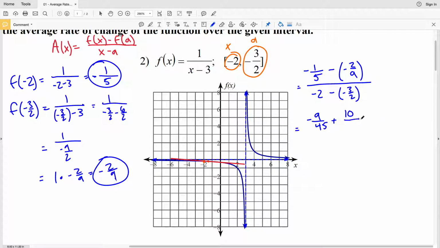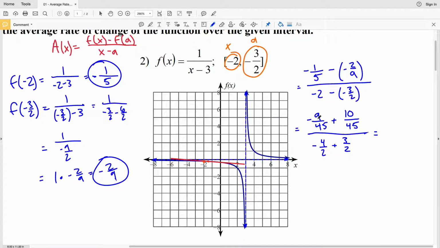So that'll be 10 over 45. So negative 9/45 plus 10/45 for our numerator, and that's all over negative 2 minus negative 3/2, which, writing those numbers with a common denominator, we'll have negative 4 halves plus 3 halves, because subtracting a negative is the same as adding a positive.